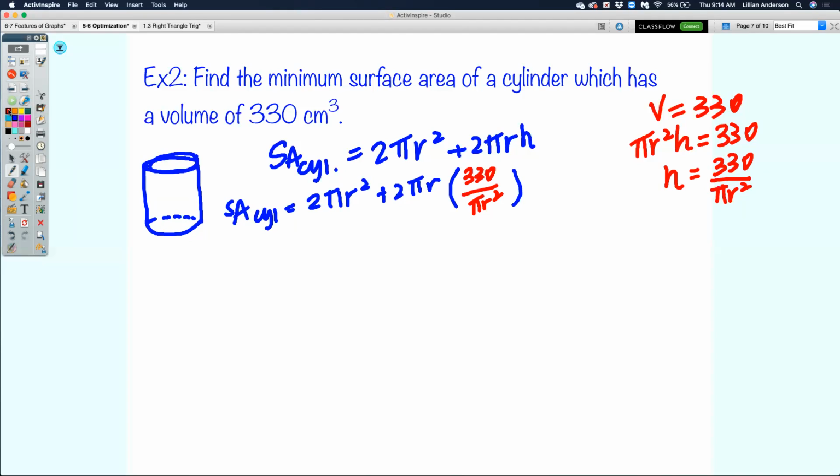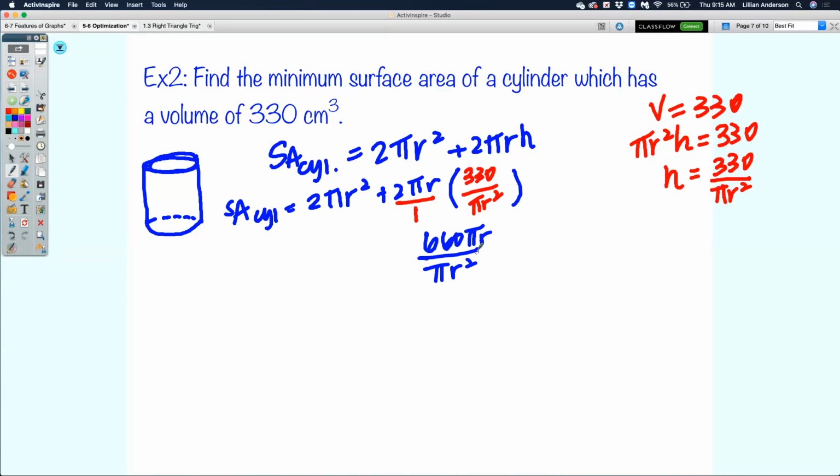Now I am multiplying these two together, 2 pi r and then 330 over pi r squared. To continue to simplify, I'm going to multiply 2 and 330. What's 2 times 330? 660. So it's going to be 660 pi r over pi r squared.